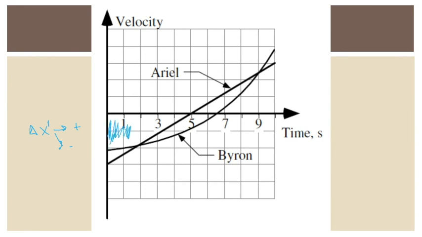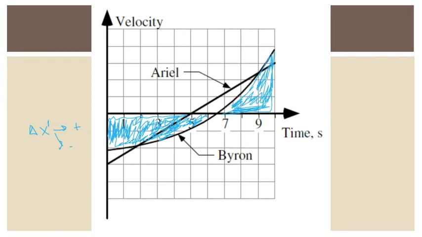And so the area under the curve, remember, is the area bound between the x-axis and the line on the graph. And for Byron, ignoring Ariel's line for a second, that's all this area here until 6.5 seconds. And then after 6.5 seconds, this area here.